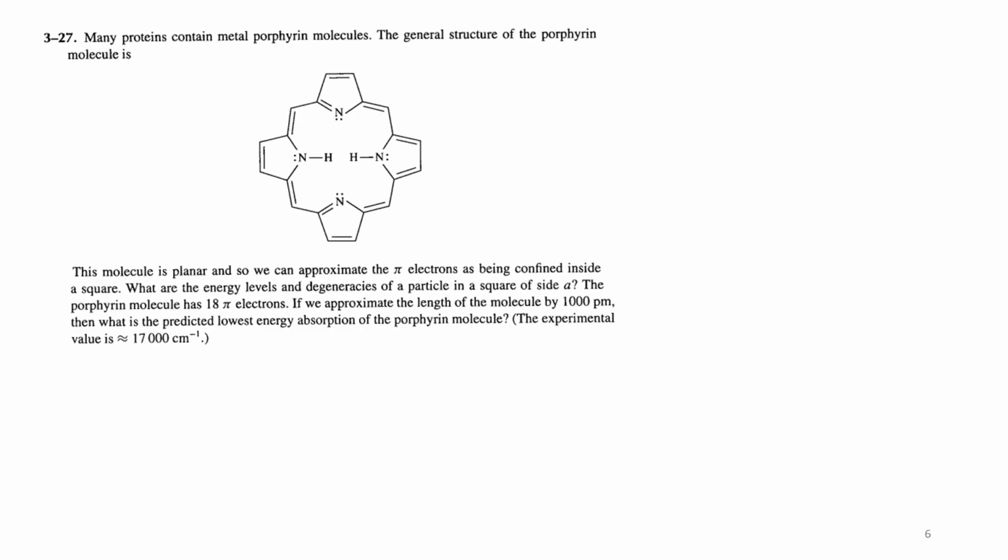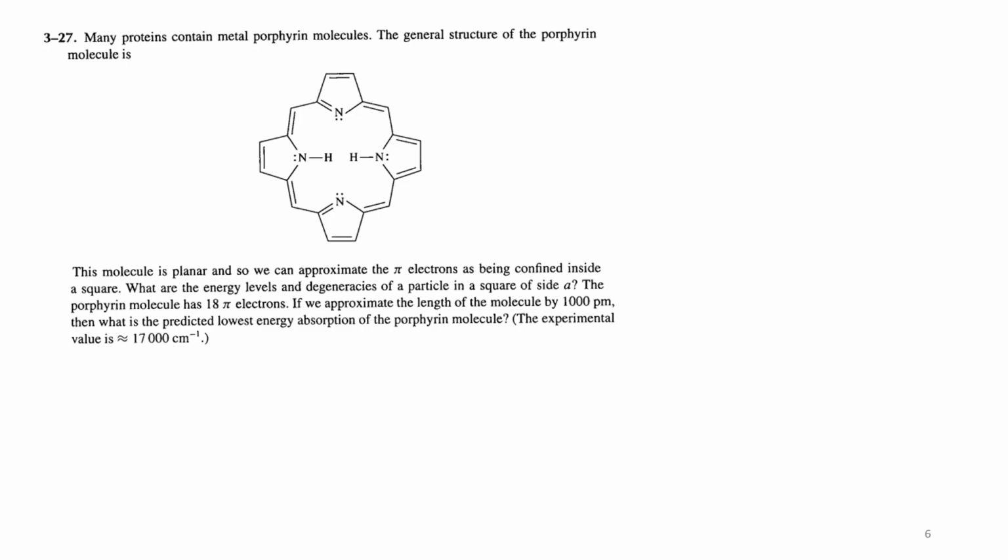Okay. Anyway, so this molecule is actually planar, and it is already given as planar, and we can approximate the pi electrons as being confined inside a square. So whenever a square is written, I hope you will think of it as a two-dimensional box, right? 2D box, one along x and one along y.